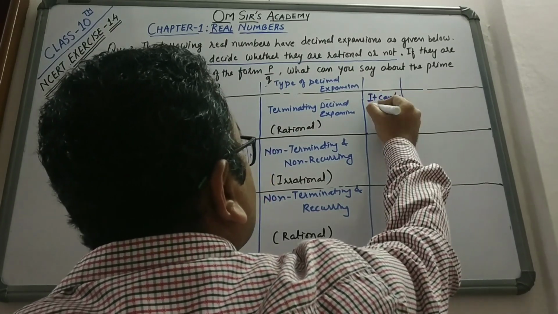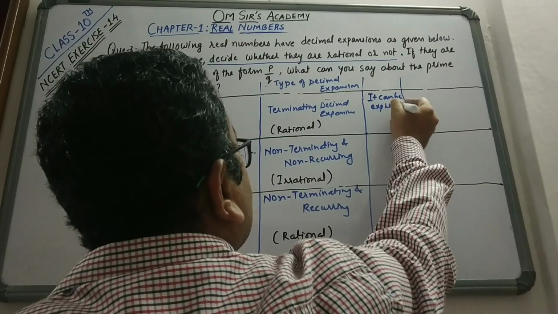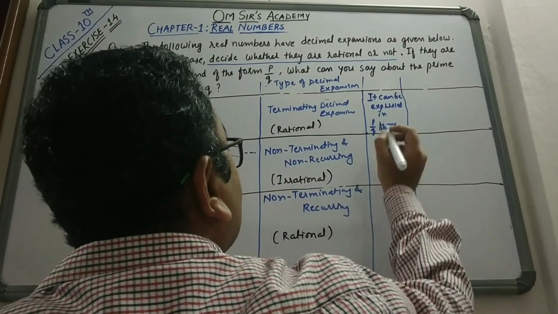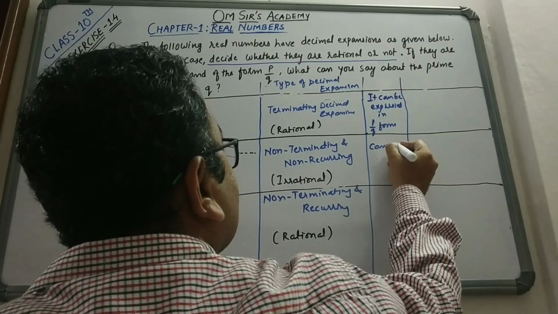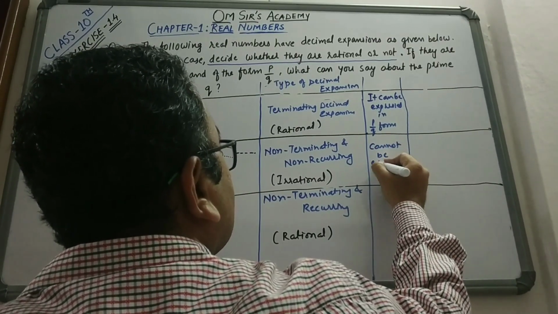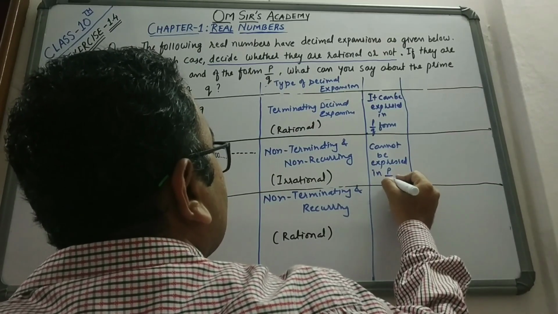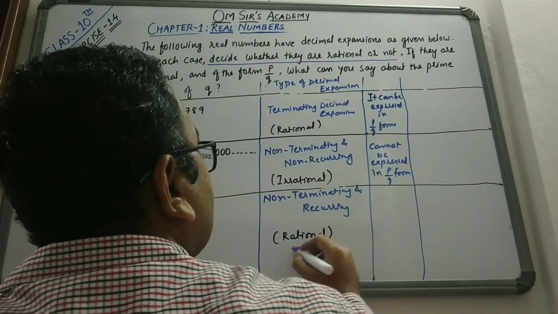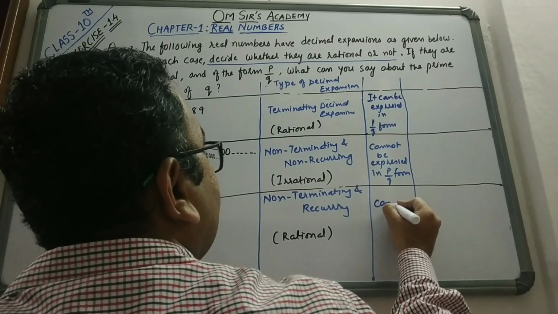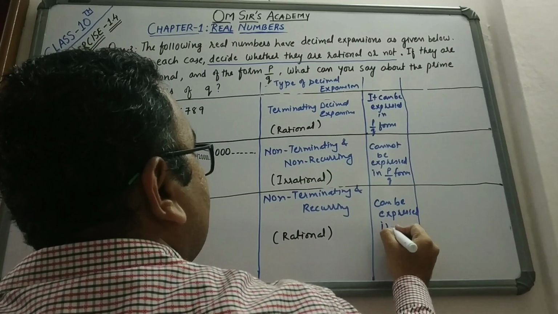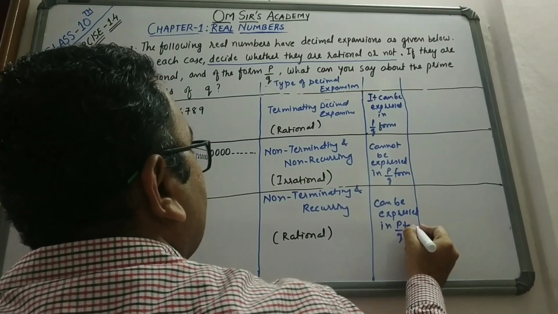Irrational numbers cannot be expressed in P by Q form. Okay, and this rational number can be expressed in P by Q form.